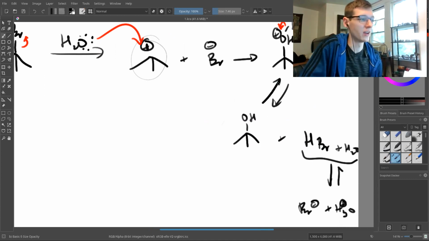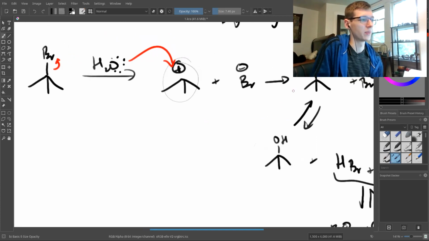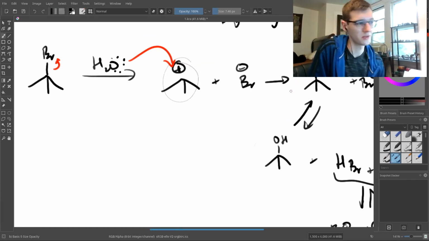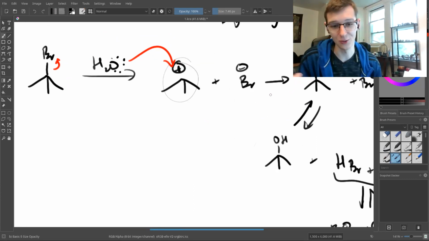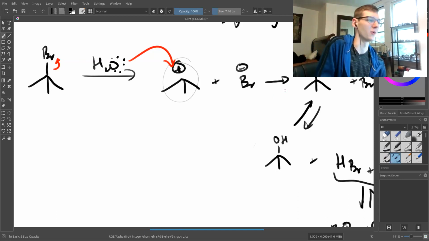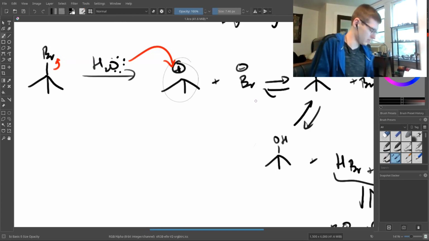So no reason I can't go back that way. This OH, just like this bromine could pop off, so could the OH. In fact, H2O is a good leaving group, because it's just water. So no reason I can't go back this way.